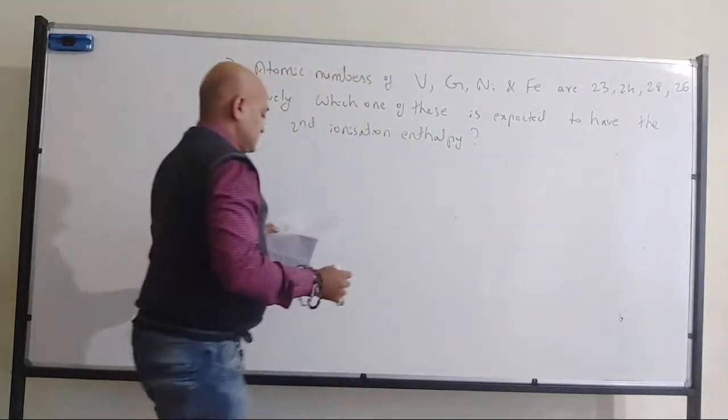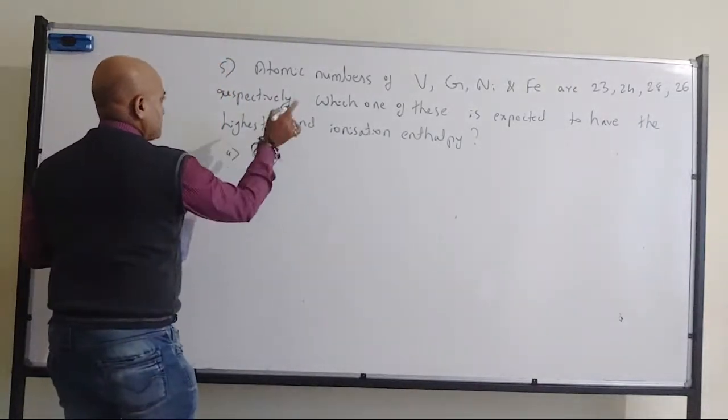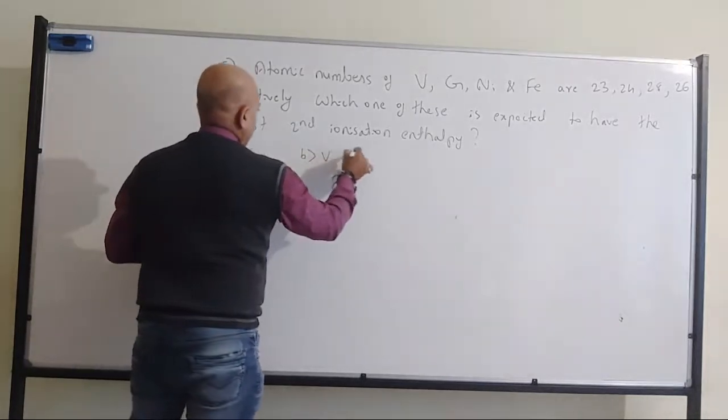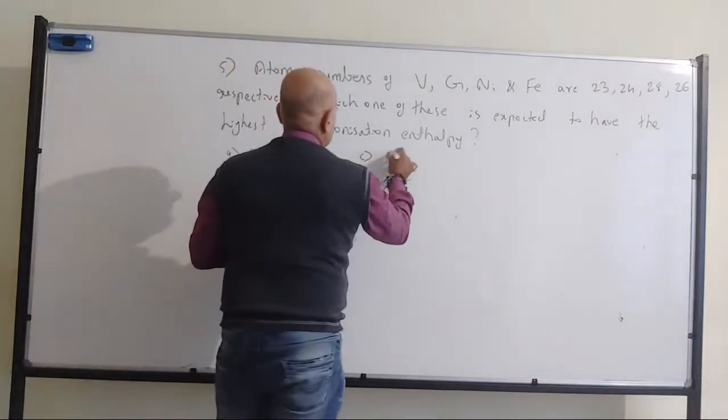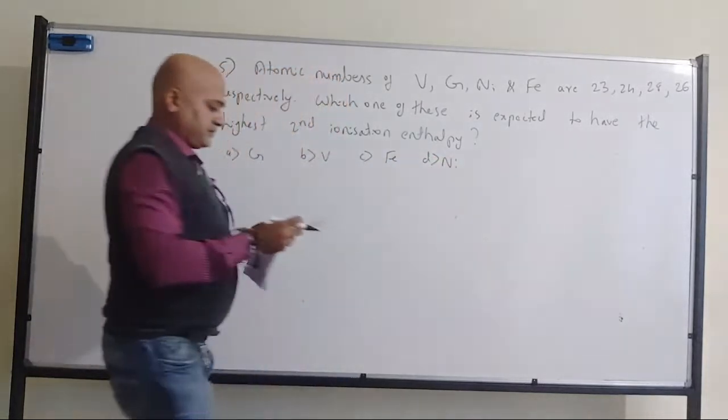Okay, so this is the question. Naturally, the options should be those elements only. A is chromium, B is vanadium, C is iron and D is nickel.